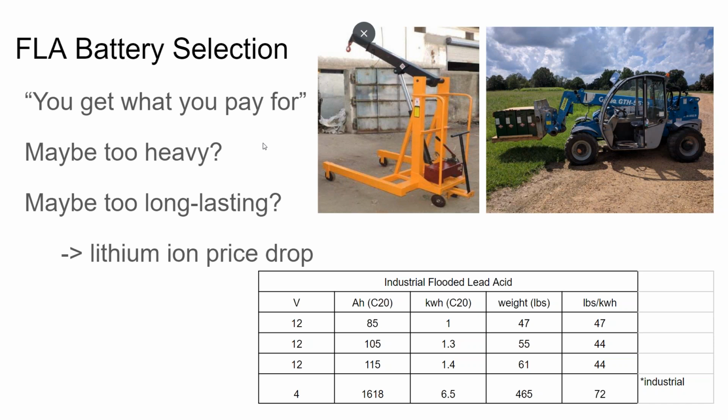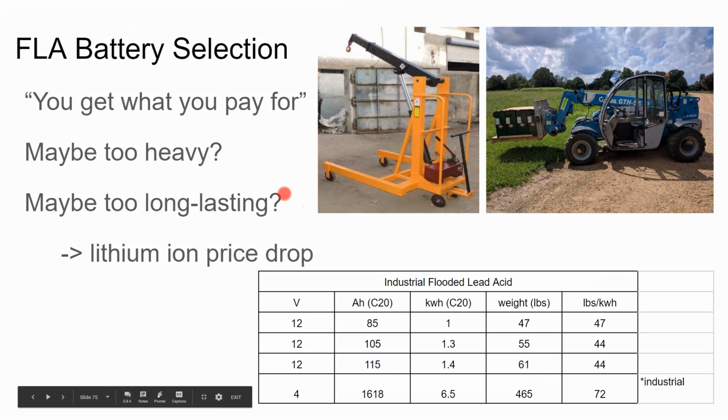The problem with industrial lead acid, and this is where customers get away from industrial lead acid, is that it's incredibly heavy.